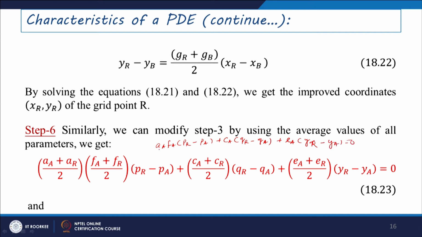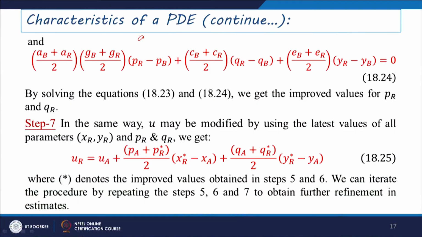So, each of these points is just changed by taking these averages. PR minus PA itself is just there, then CA is replaced by CA plus CR by 2, and similarly EA is replaced by EA plus ER by 2 here.